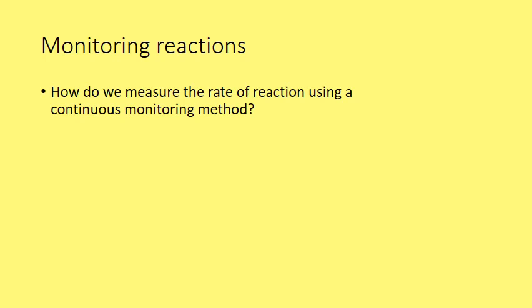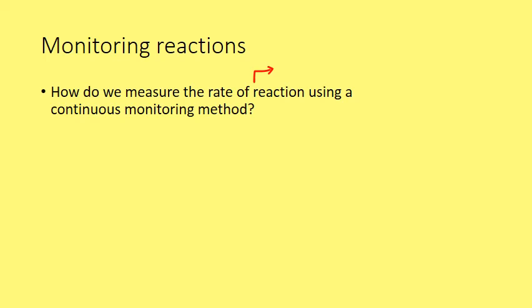And the first thing to establish is rate of reaction units. Before, you were familiar with the units, for example centimeters cubed per second or grams per second, as a measure of the rate of a reaction.